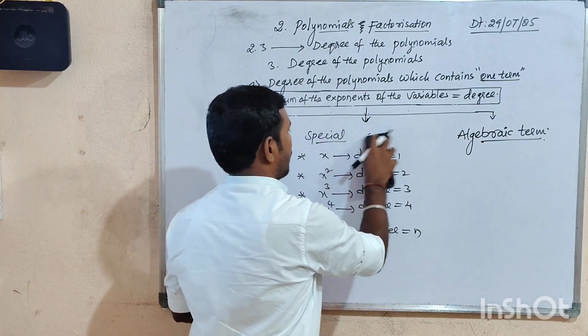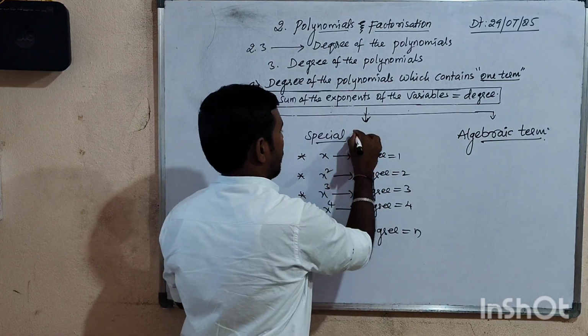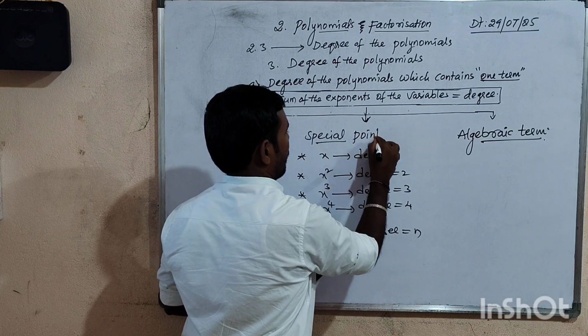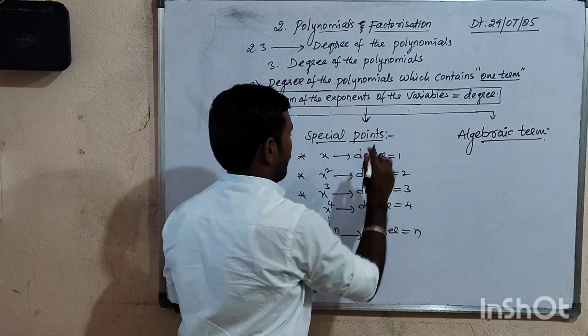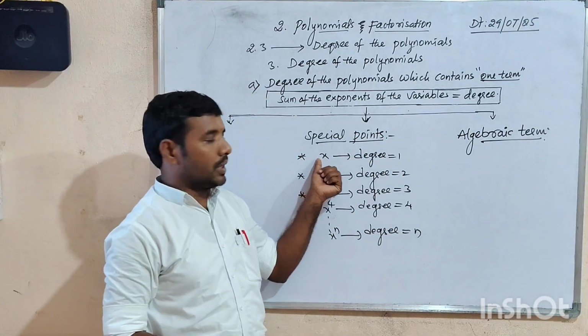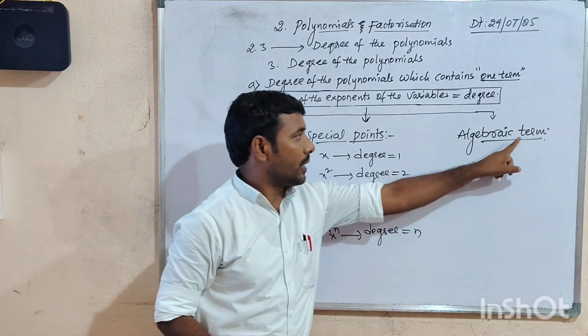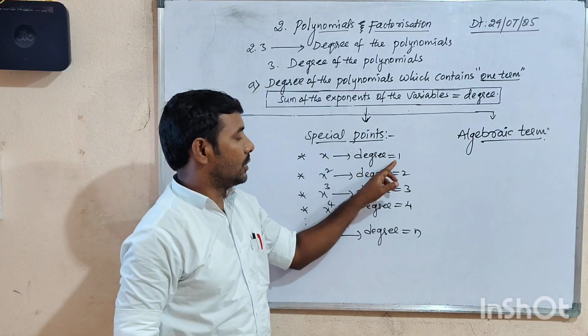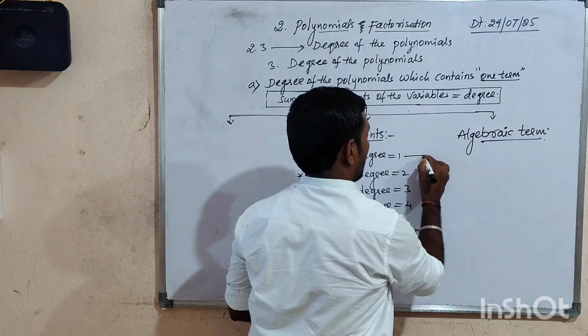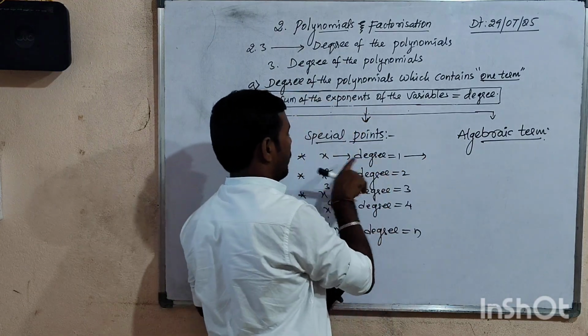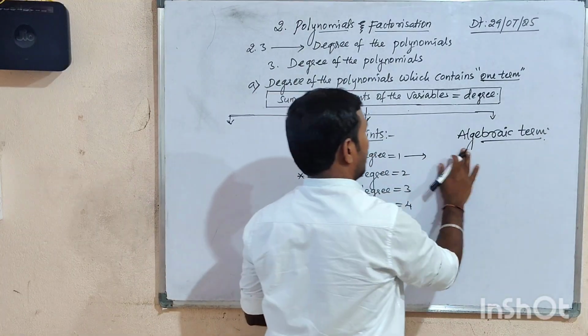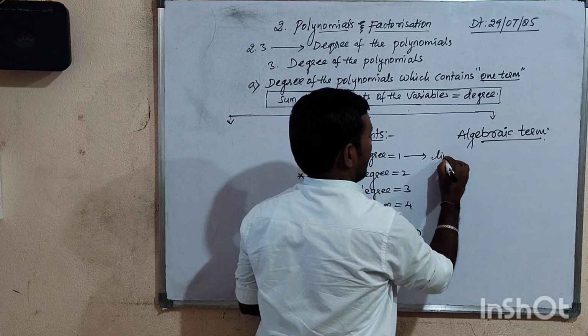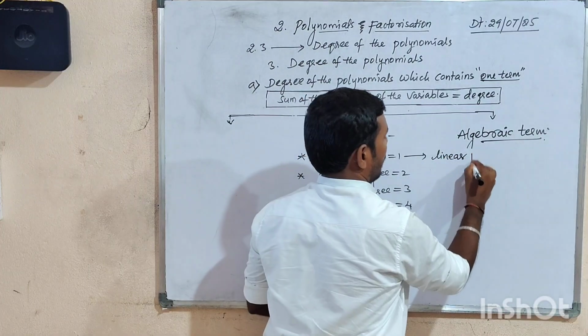Special points, better to get special points. So x is one of the algebraic terms. Its degree is 1. For that reason, a degree 1 algebraic term is called a linear polynomial.